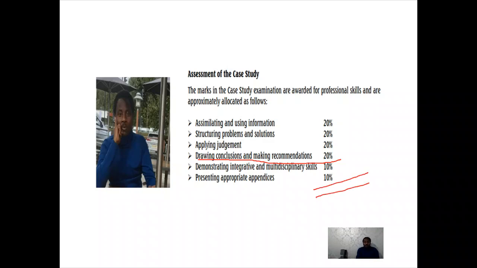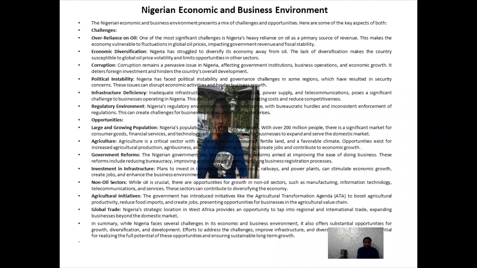So we move on now to the business of the day. We will be continuing from a proposed question which you could be asked about the Nigerian economic and business environment, the challenges and the opportunities. Let us quickly look at it as we move on.